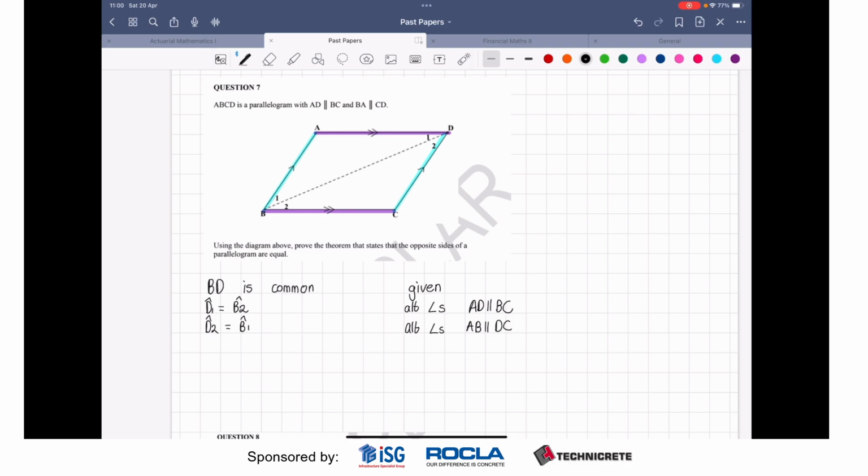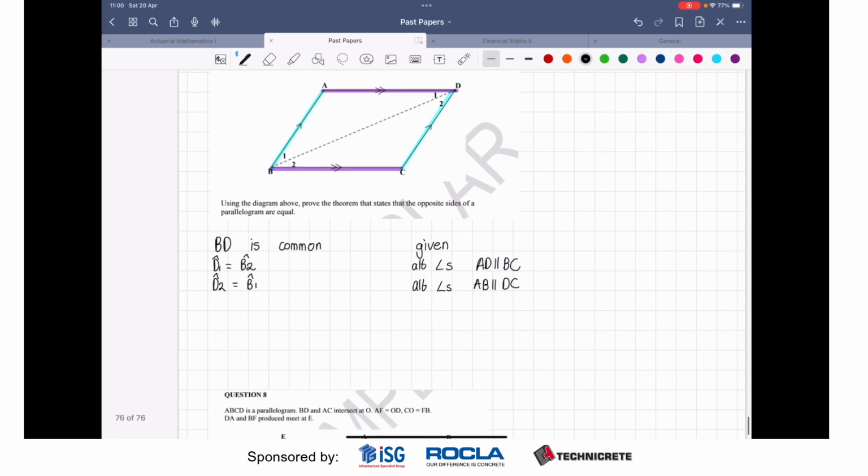Okay, then I can say that the two triangles are congruent. So triangle ABD is congruent to triangle DCB, and that's from side angle angle.